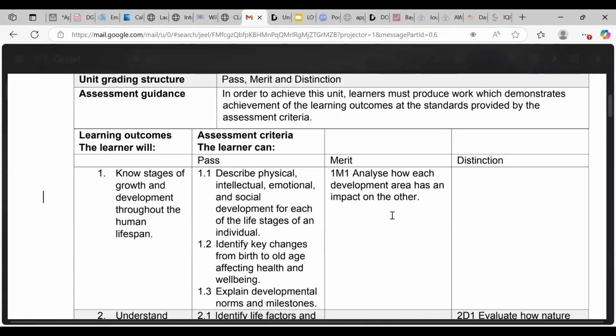And you should be able to explain developmental norms and milestones related to human growth and development. We will go through this session, and if there is any concern or question, we can take it at the end.